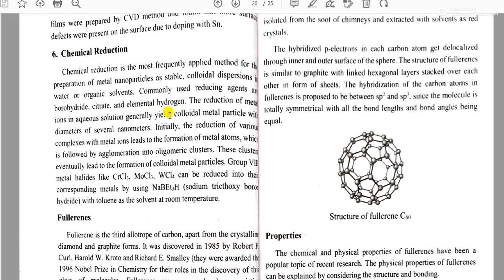And first these metal precursors are reduced to metal atoms, and metal atoms will agglomerate to give oligomeric clusters, and these oligomeric clusters will eventually give colloidal nanoparticles. So this is the chemical reduction technique.